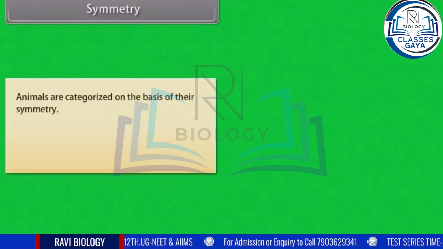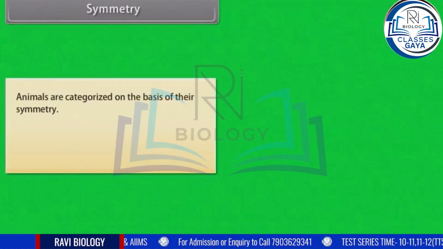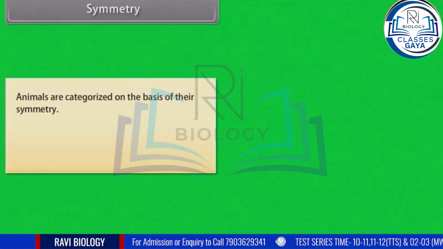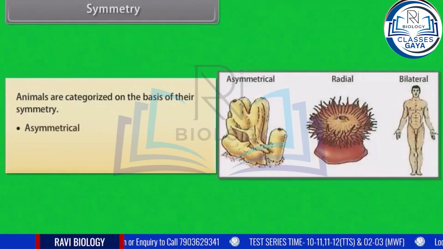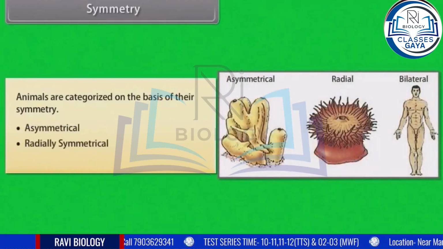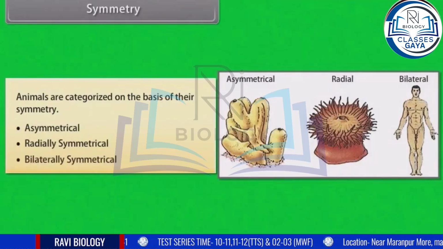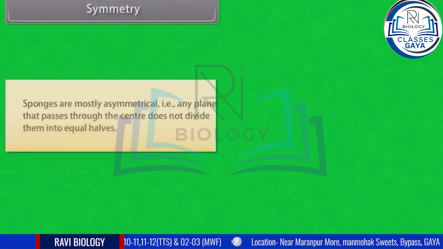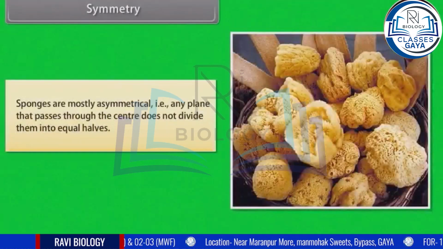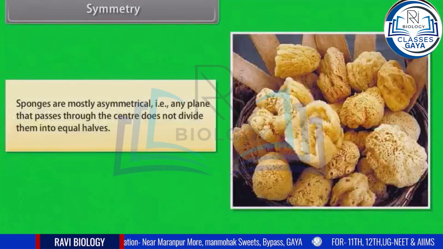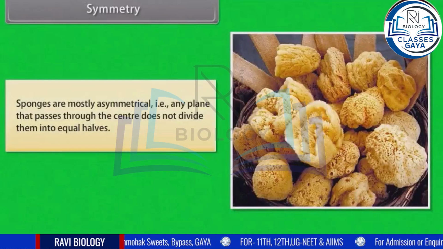Symmetry. Animals are categorized on the basis of their symmetry. They are asymmetrical, radially symmetrical, bilaterally symmetrical. Let us know them one by one. Sponges. Sponges are mostly asymmetrical, that is, any plane that passes through the center does not divide them into equal halves.